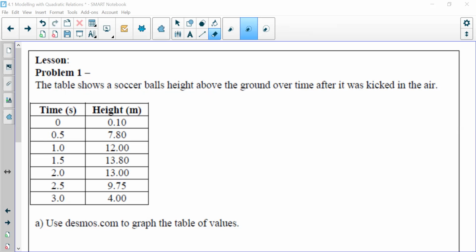Now for the height, it's 0.10, then 7.80. For which one? For 0.5, sorry. I've got this a little bit wrong.